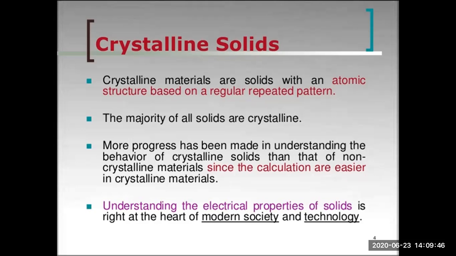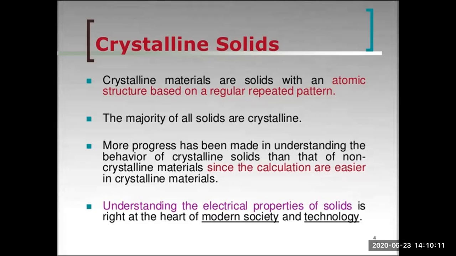So this is the first type as per the texture and composition of that solid: crystalline materials are solids with an atomic structure based on a regular repeated pattern. As we have seen in the previous one, those patterns are regular and they repeat the same pattern.